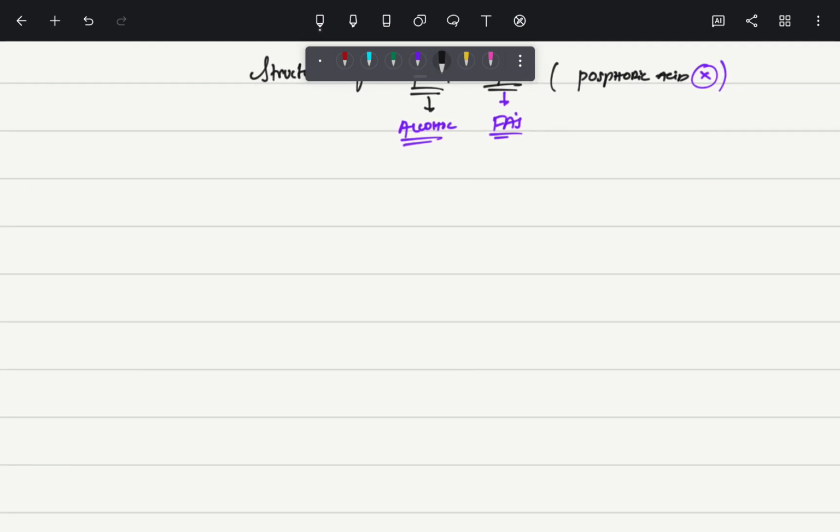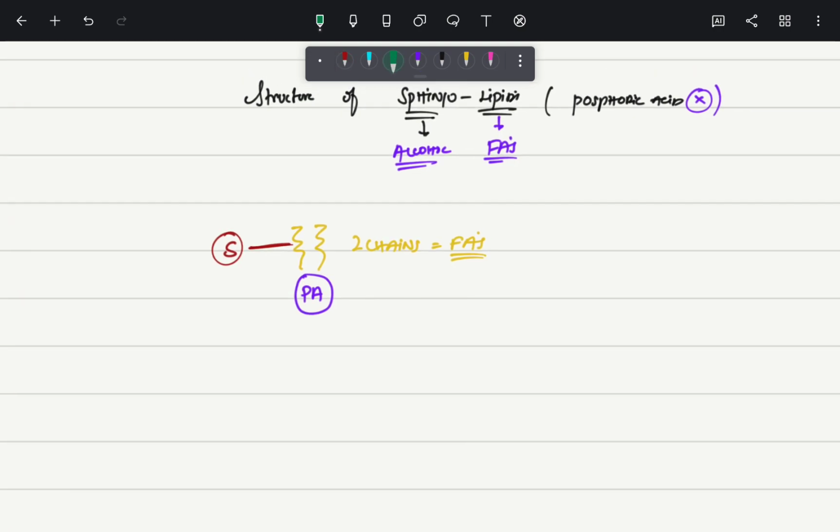So once again I am going to draw the structure here. This was phosphoric acid. To this phosphoric acid there were two chains of lipids such as your fatty acids, and to this fatty acid there was an alcohol such as your sphingosine. Now as I already told you, in sphingolipids there is no phosphoric acid. So what is happening to this phosphoric acid?